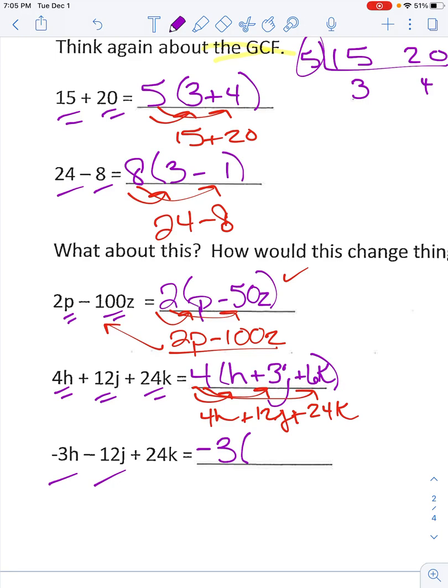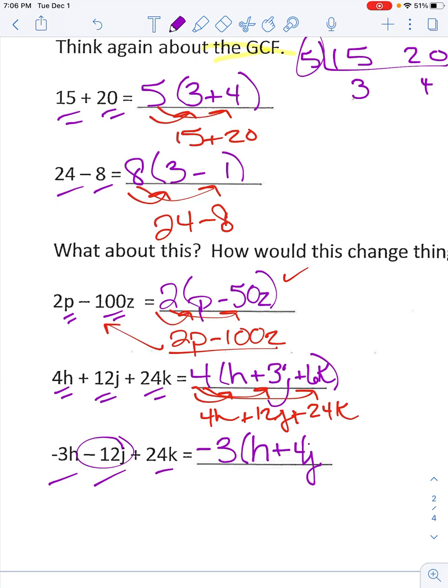3 divided by 3 is 1h. 12 divided by 3 is 4j, and you're going to have to start thinking about the signs. I need a negative 12j when I distribute, so that means I need a positive there, because a negative times a positive is a negative.